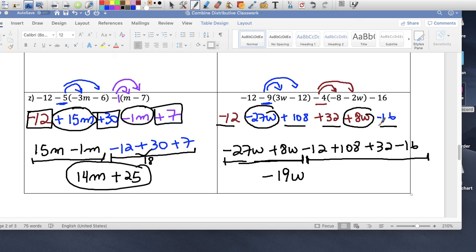And 96 plus 32 should be 128. I was right. 128 and then minus 16 it's going to be 112. Okay, so all this is going to be positive 112. Okay, so not that difficult. Actually, it's pretty simple, right? Okay, that's it.